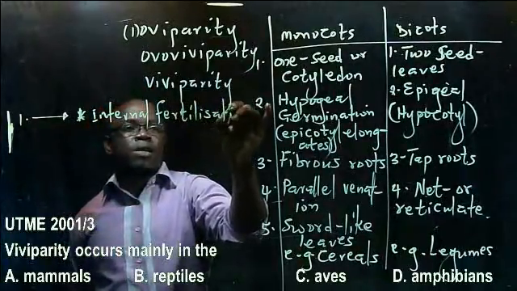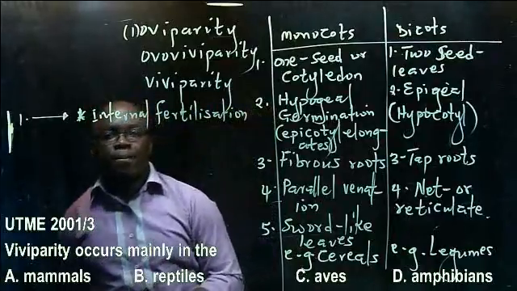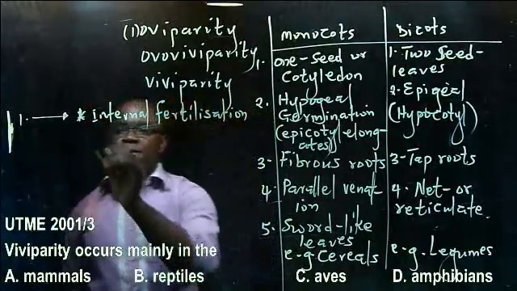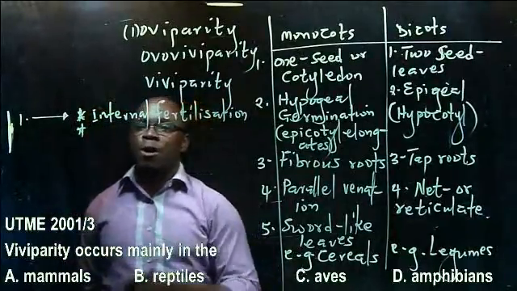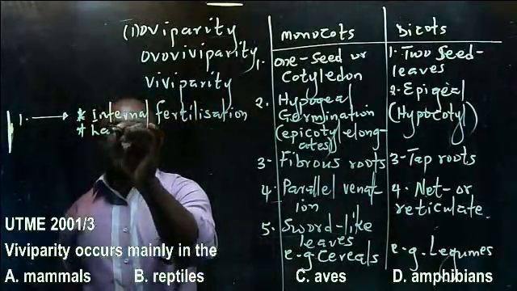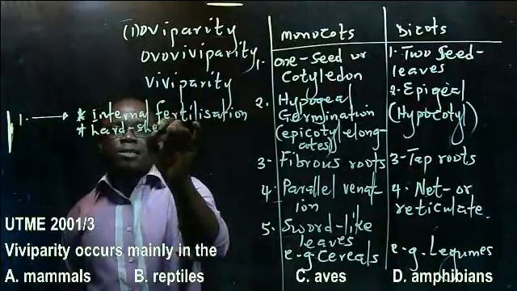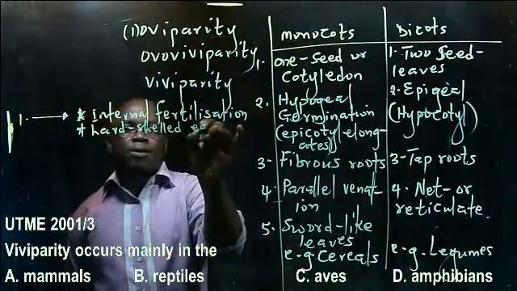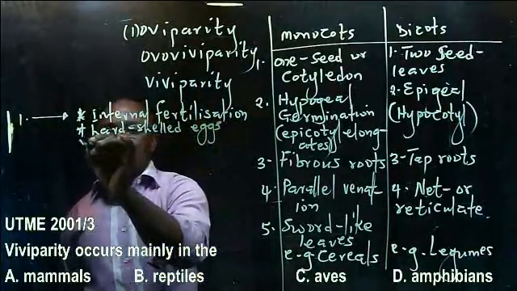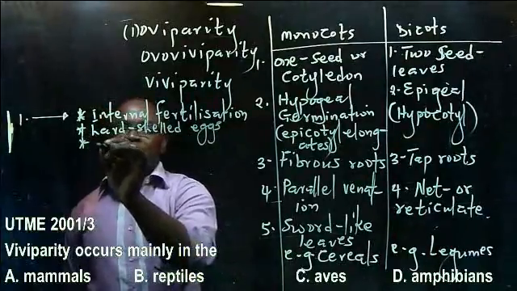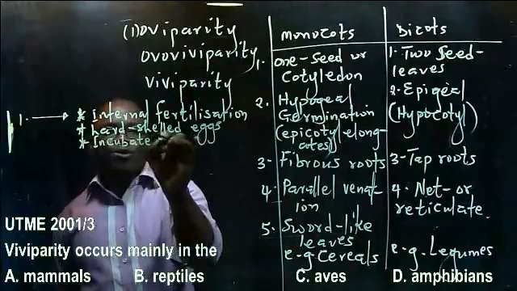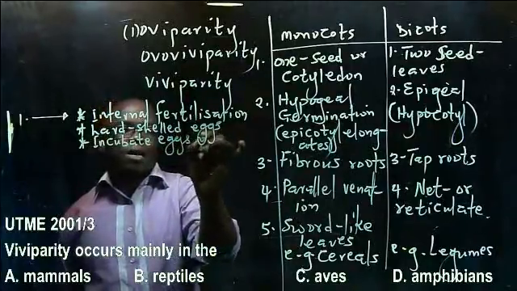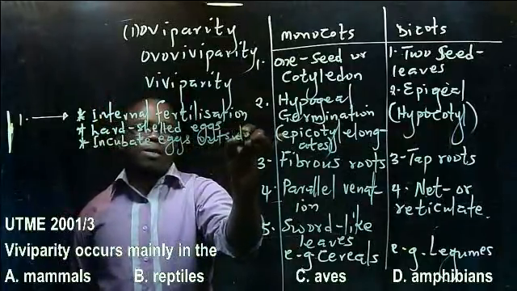Apart from exhibiting internal fertilization, an oviparous animal is known to lay hard-shelled eggs. And also, most importantly, we should understand that oviparous animals incubate their eggs outside their body.